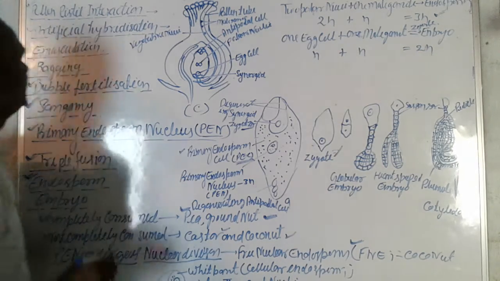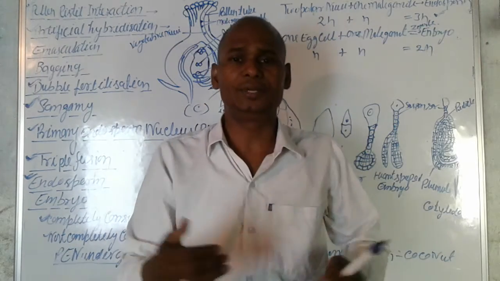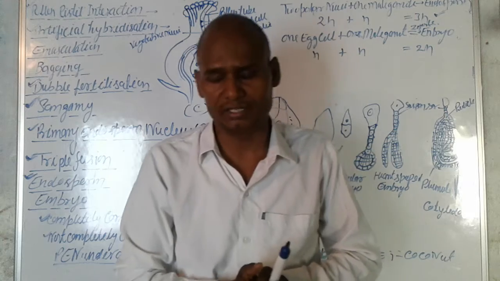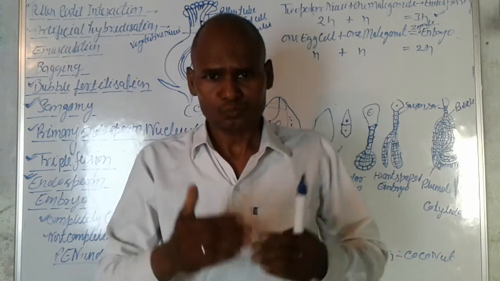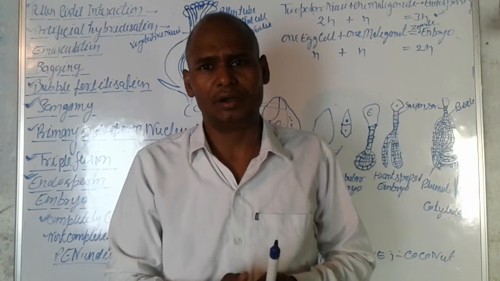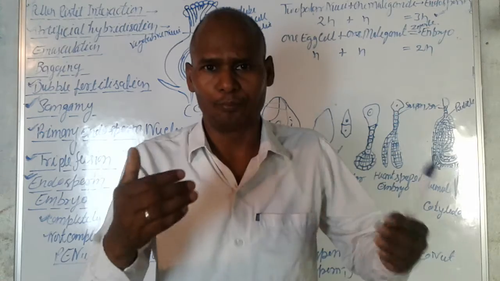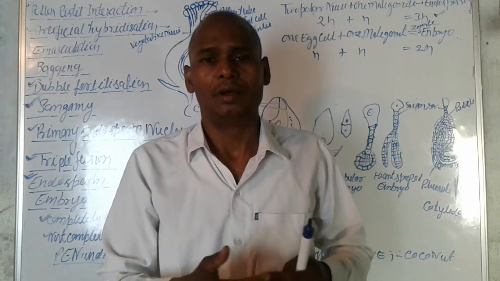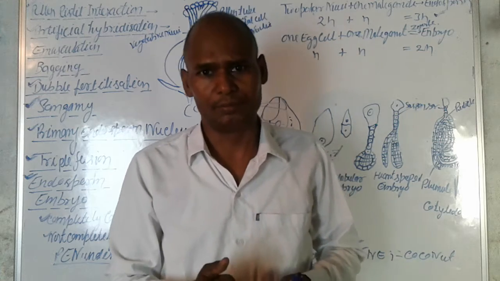What is artificial hybridization? Artificial hybridization is a hybridization process in which we yield a variety of plants for improvement of crop and plant.